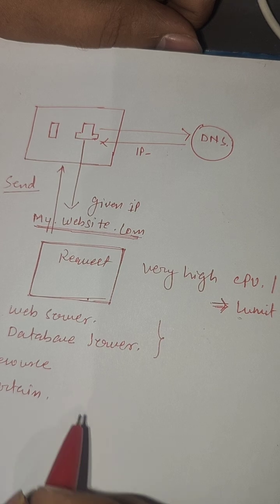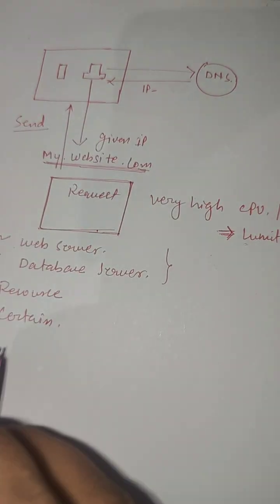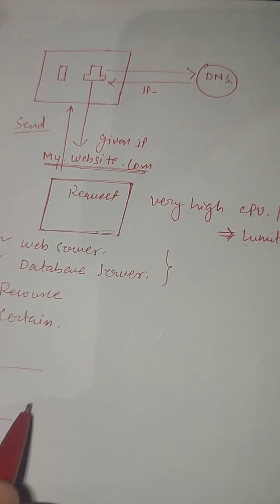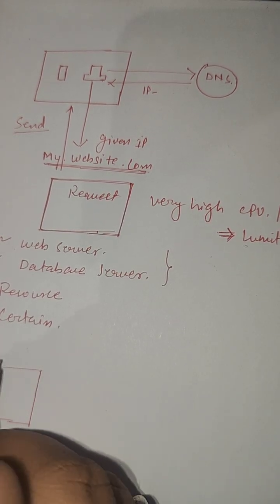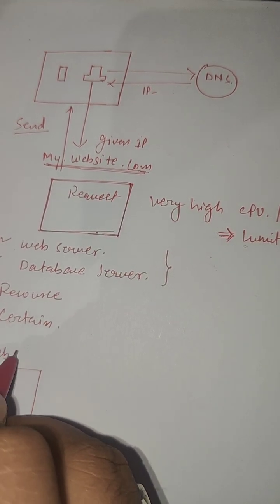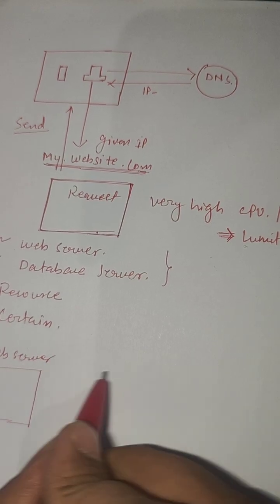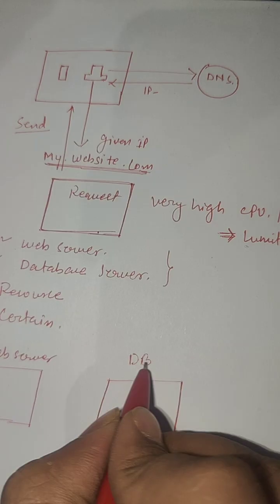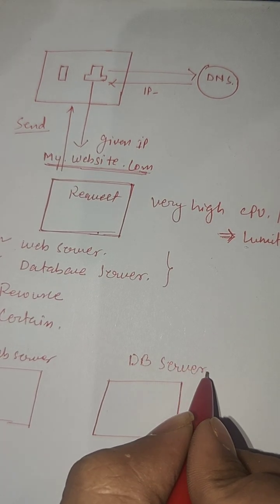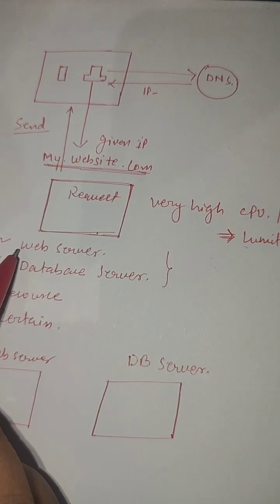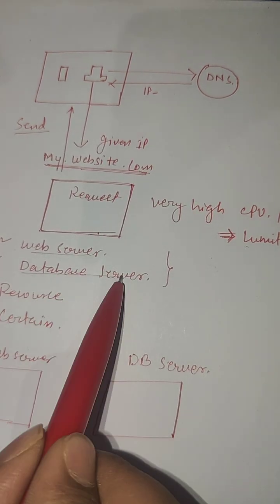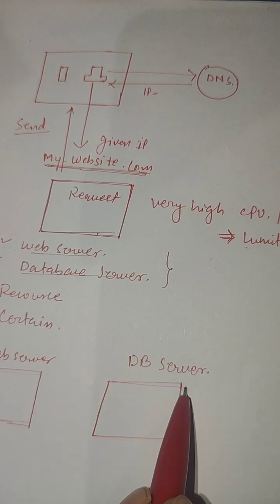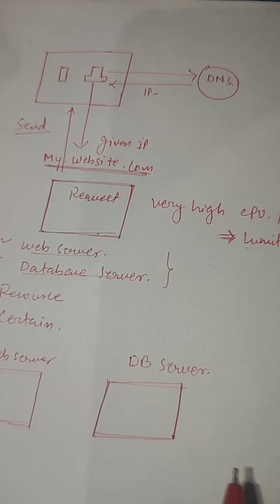So the first thing we should do is that we will split this server into a web server and a DB server. Currently these two things were hosted on the same machine. Now the web server is hosted on one machine and the DB is hosted on a different machine.